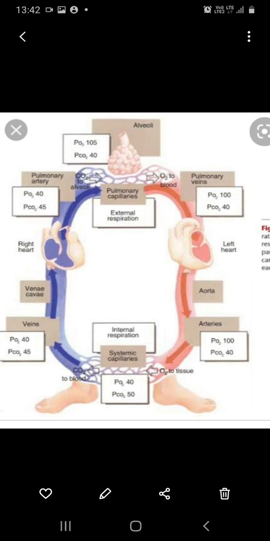Atmospheric pressure is 760 mm mercury, multiplied by 0.0004, because carbon dioxide is 0.04%. So, partial pressure of carbon dioxide is equal to 0.3 mm of mercury.